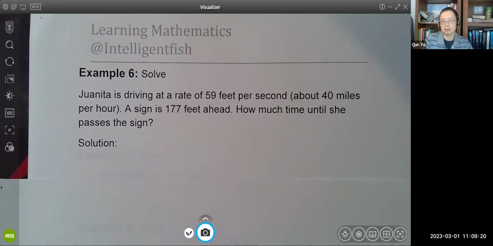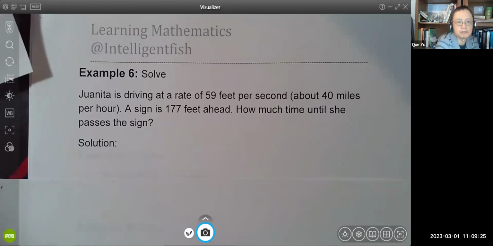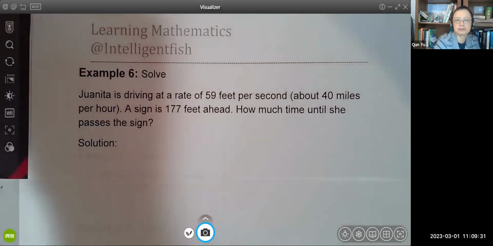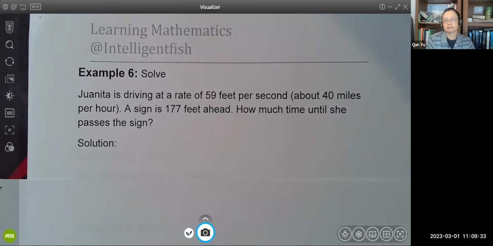Okay, let's read this one. Juanita is driving at a rate of 59 feet per second, which is about 40 miles per hour. A sign is 177 feet ahead.